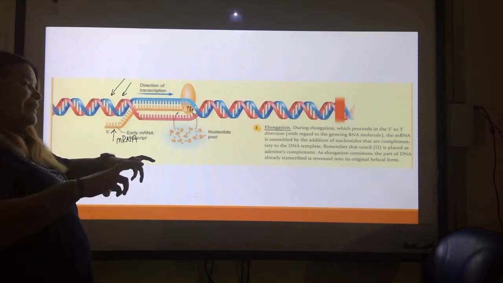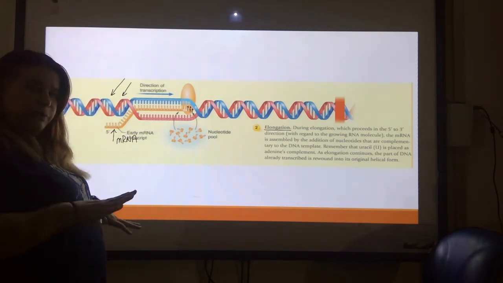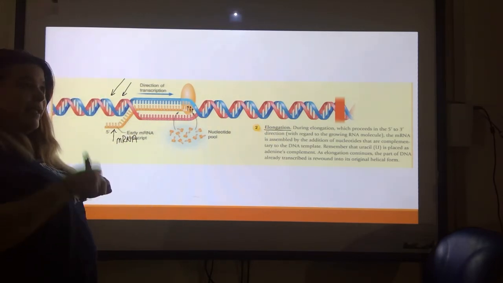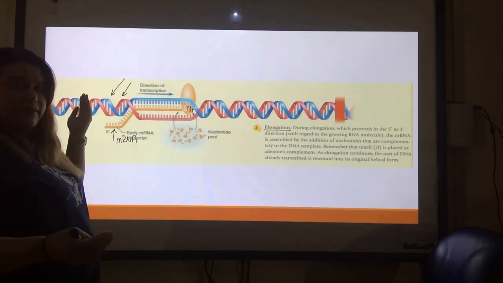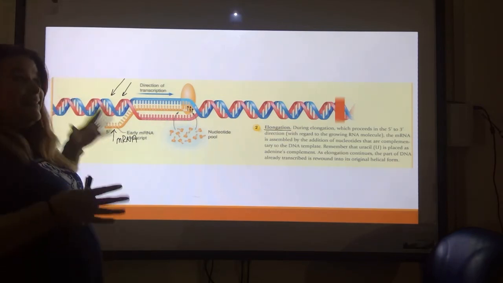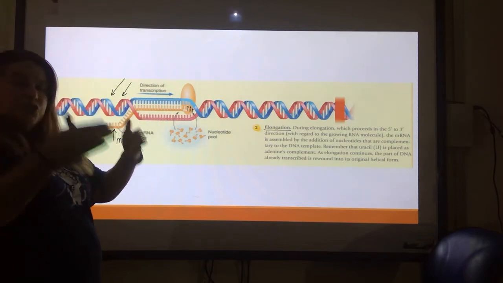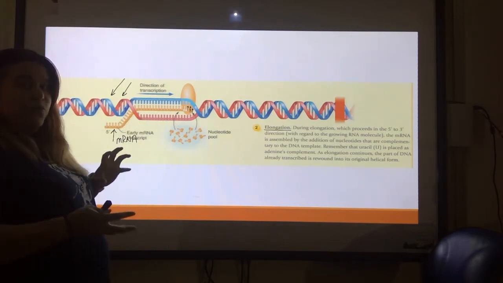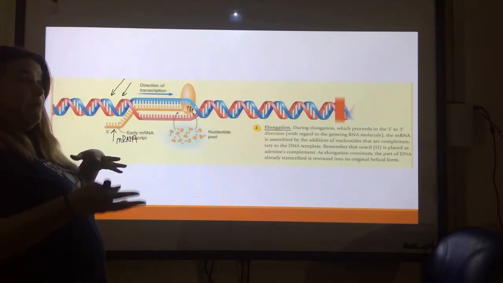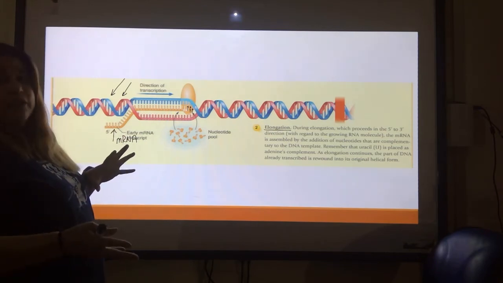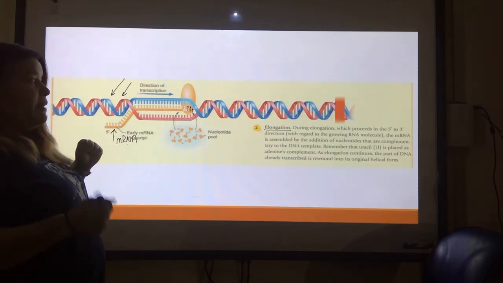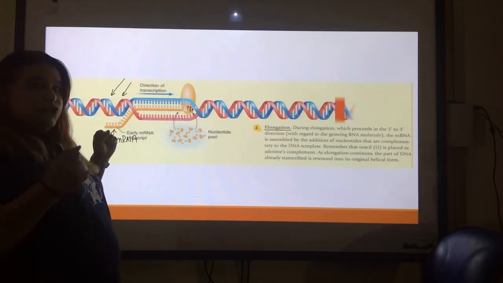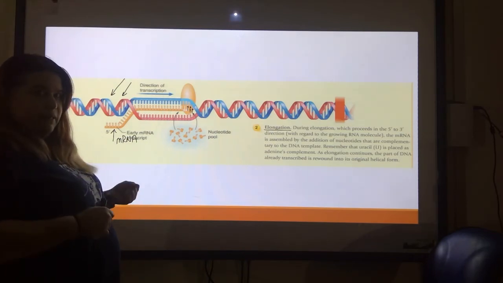This reading happens in the 5' to 3' direction. Just like our continuous strand in DNA replication, this is the correct way to read this strand to make the right mRNA transcription. Also, remember that uracil is used in place of thymine.